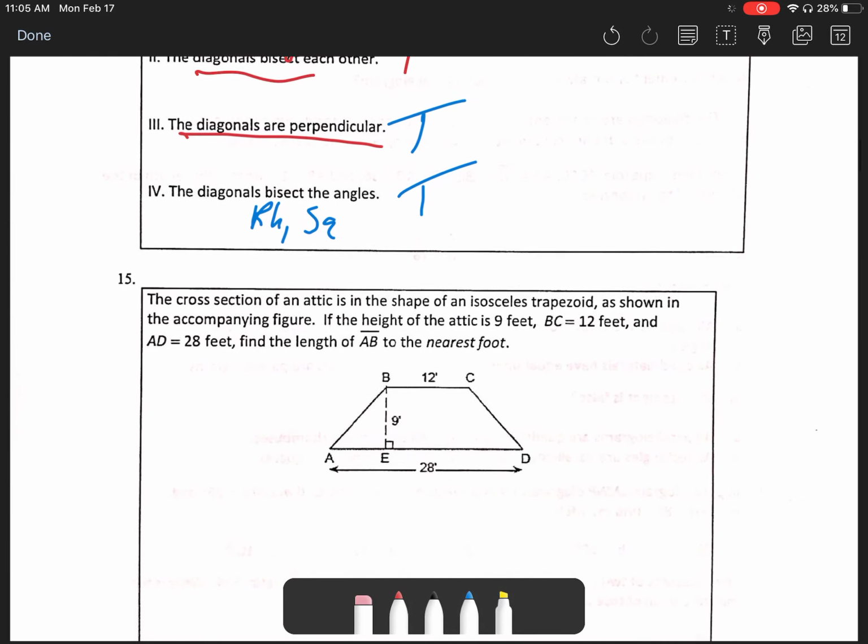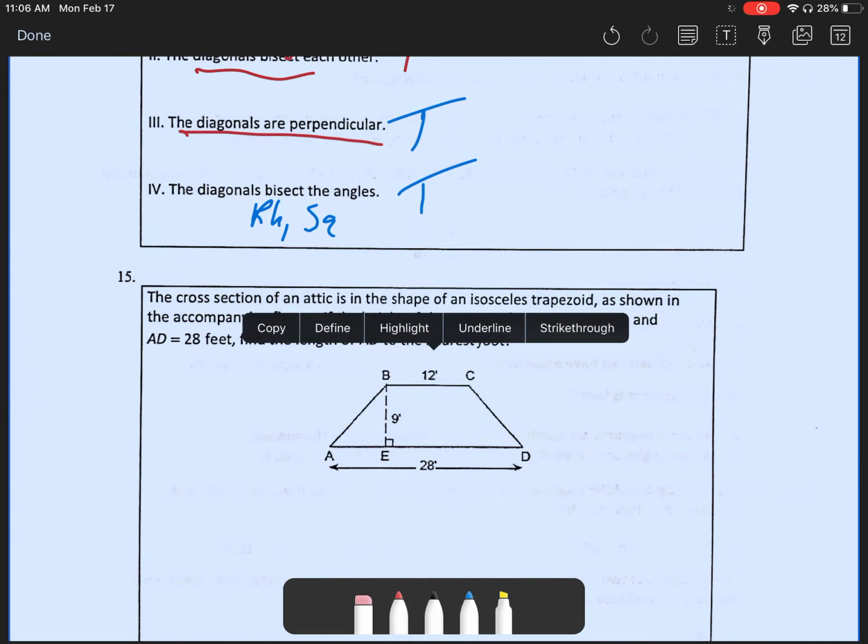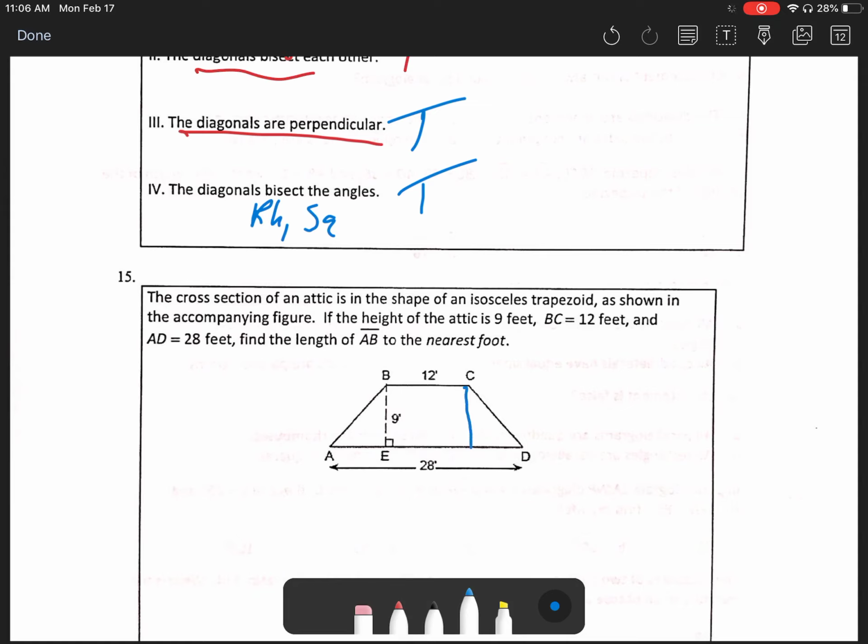Cross section of an attic, the shape of an isosceles trapezoid shown in the accompanying figure. Height of the attic is 9 feet, BC is 12. So this is something very similar to the third problem. I kind of draw this in. I know this is going to be 9 feet. This distance right here is 12 feet. Since this is an isosceles trapezoid, those are congruent to each other.